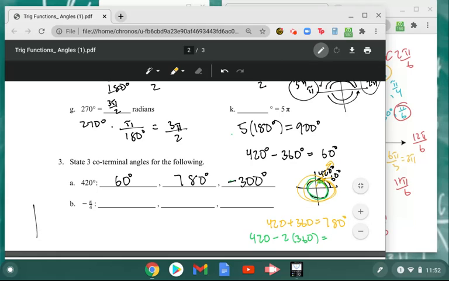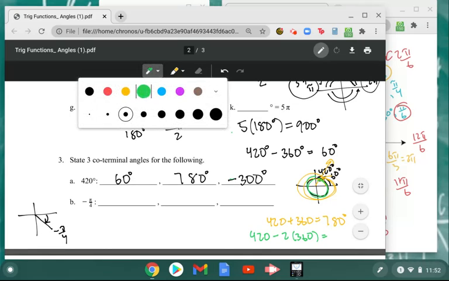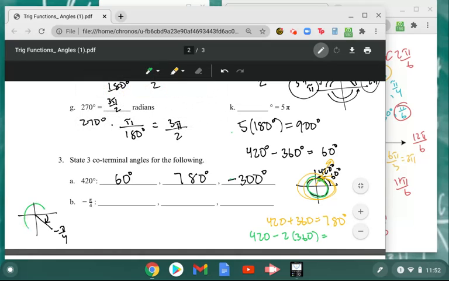Now let's do it with pi fourths. So negative pi fourths lands me right here. I'm going to do the same thing. I just want to add and subtract rotations. First of all, I can use my unit circle without even having to do some math here. If I travel in the positive direction, I can come up with another coterminal angle.